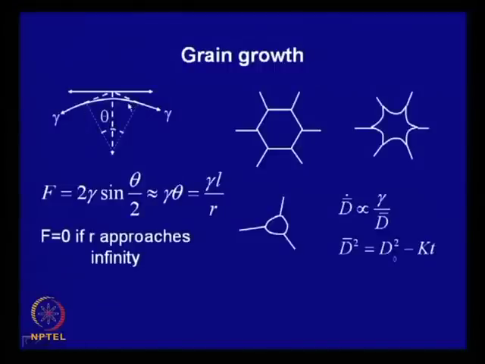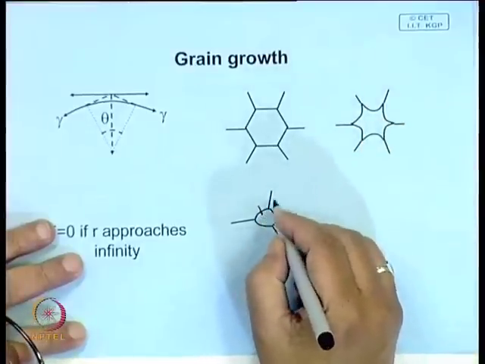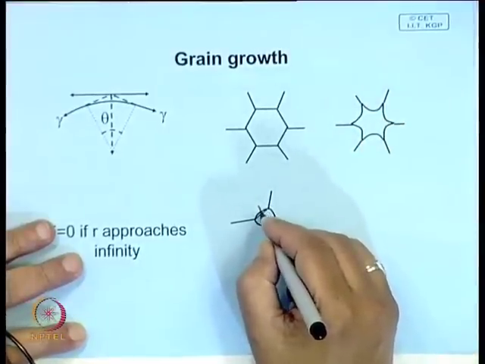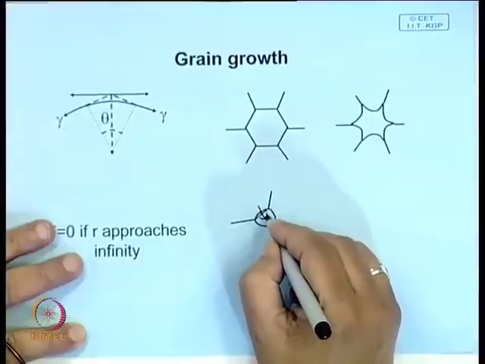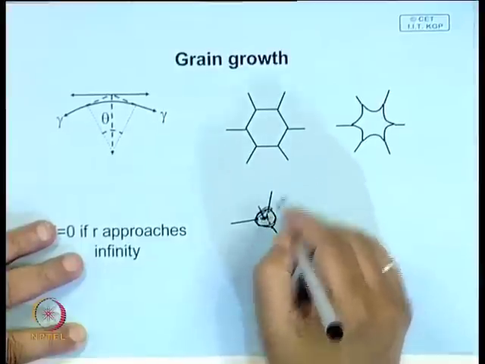So, any curved grain will try to straighten out, and the force you can easily show acting on this grain boundary will be proportional to grain boundary surface tension gamma L over R. So, only when R is flat, force acting on it is 0, otherwise there will be some force. Therefore, wherever you have curved boundary like this, they will try to straighten, and this will move towards this, and finally this straight grain will form and this grain will get eliminated.